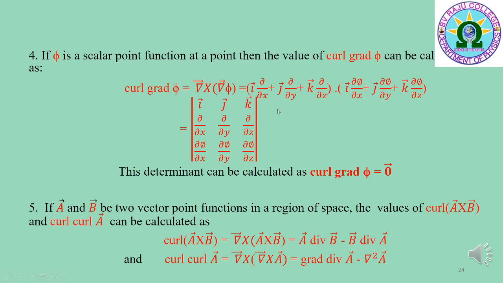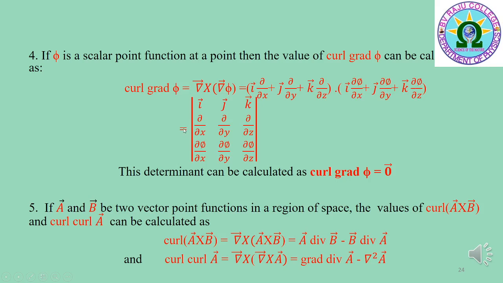Now another example is, if phi is a scalar point function at a point, then the value of curl grad phi can be calculated as curl grad phi is equal to del bar cross del bar phi is equal to i bar dou by dou x plus j bar dou by dou y plus k bar dou by dou z cross i bar dou phi by dou x plus j bar dou phi by dou y plus k bar dou phi by dou z.